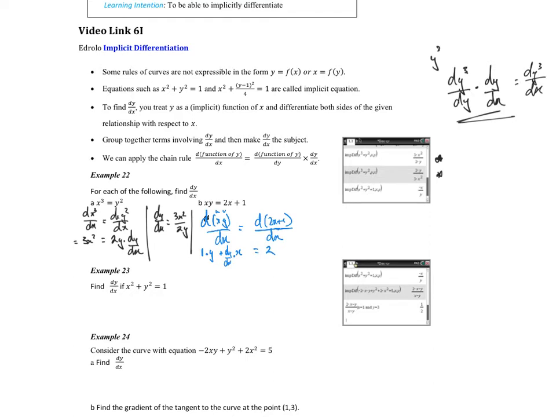So both of those expressions are my product rule. So that implies I'm going to have y plus dy dx times x is equal to 2. So dy dx is equal to 2 minus y on x.